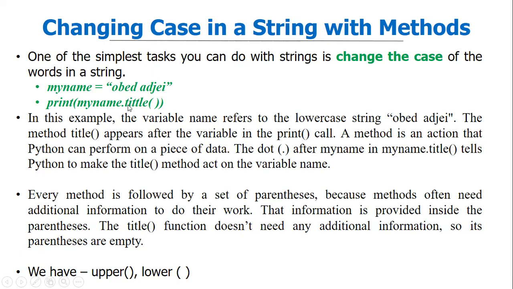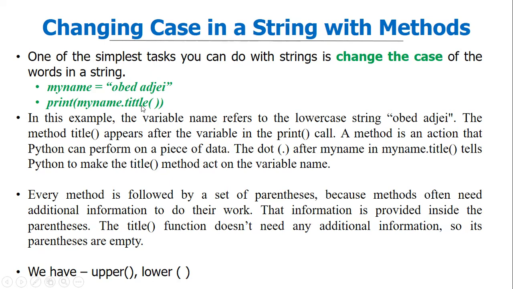Before this method there is a dot, and the dot after my name in my name.title tells Python to make the title method act on the variable name. My name is containing a value, that is obj. So title is going to act on this value.